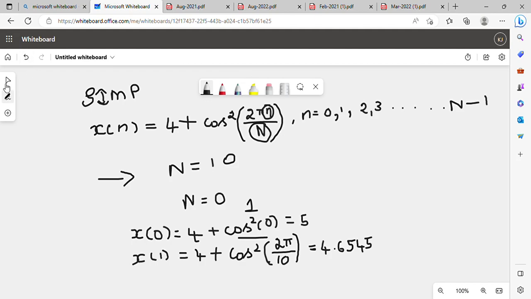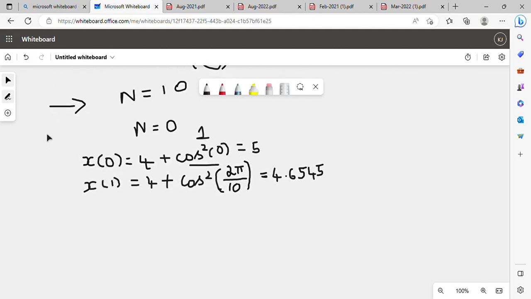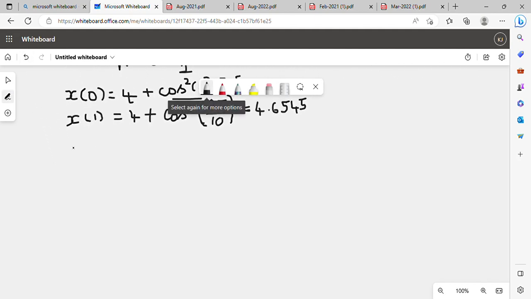Now if I take x of 2, that is 4 plus cos square of 2 pi by 10 into 2, right?